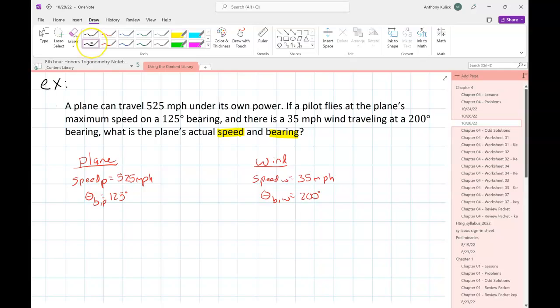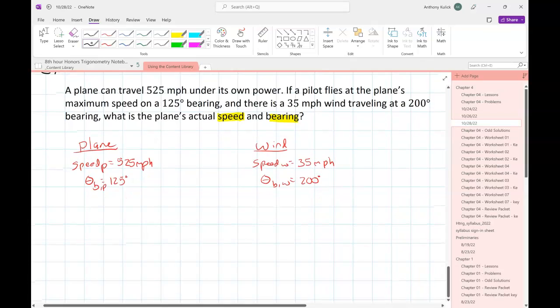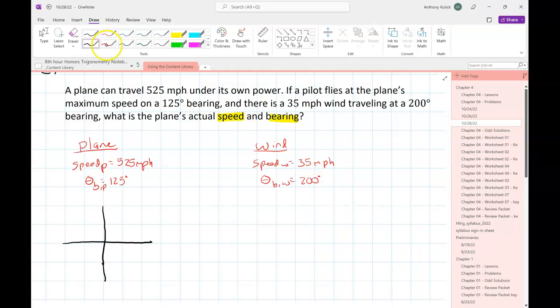So my first order of business is going to be to translate these bearings into standard position angles. So from the north, we go 90 and then 35 more.